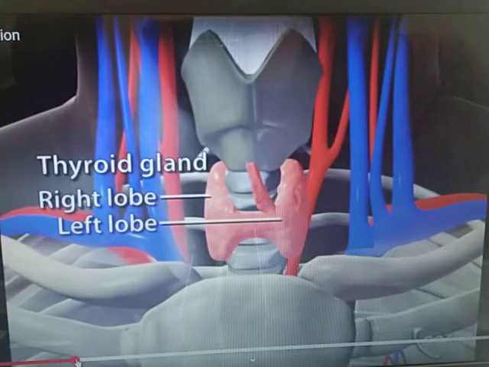Now, the function of thyroxine, that is T4, and T3, that is triiodothyronine, is to regulate the metabolic rate of the body. The basal metabolic rate, that is BMR, is also maintained by the thyroid hormone.